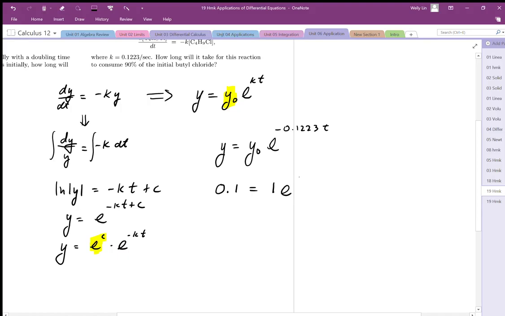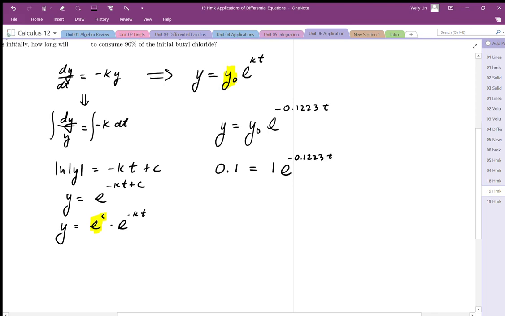Okay, so that's my n concentration. So then this becomes e to the negative 0.1223 t, and then I can solve this equation for t.